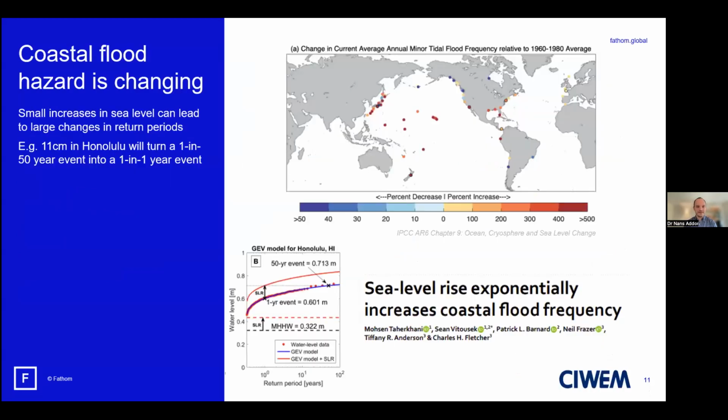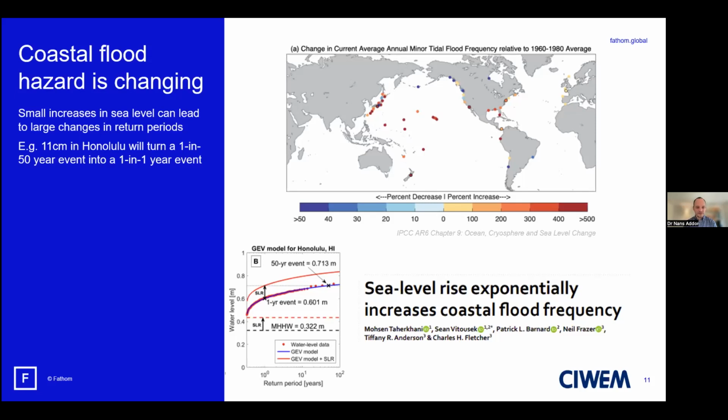Next slide, please. And so talking now about coastal flooding, the top map shows the change in tidal flood frequency. And you see that in many locations, the dots are red, which indicates an increase in the flood frequency, though there are a few locations where we see far less frequent flooding. What's important to keep in mind here is that a small increase in sea level can lead to large changes in return period.